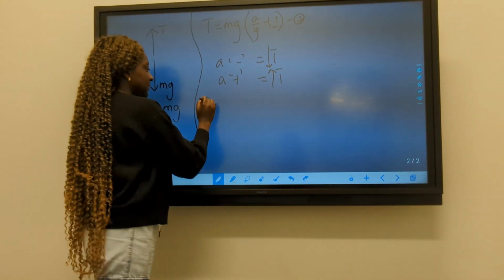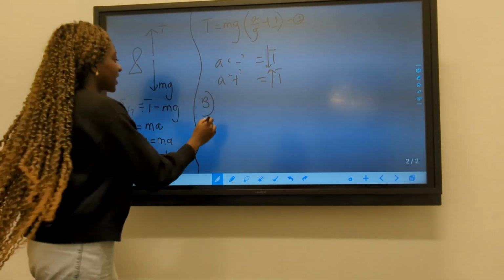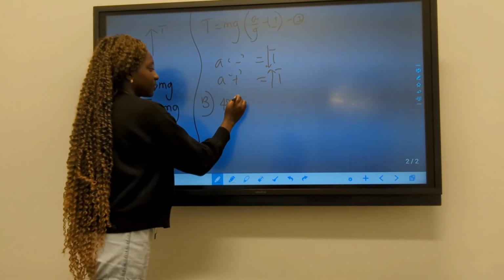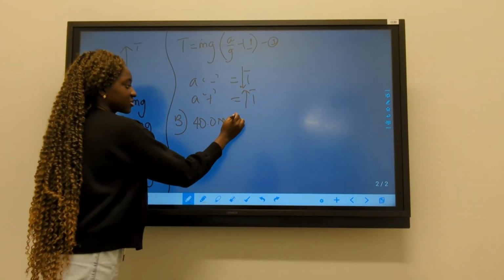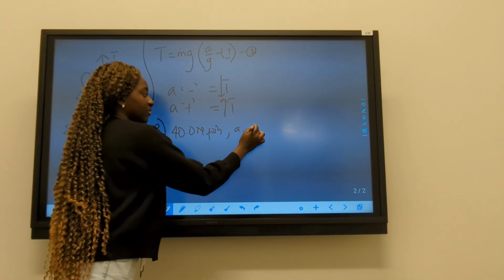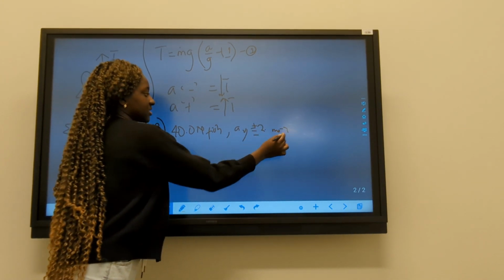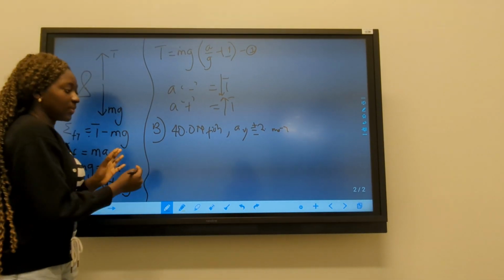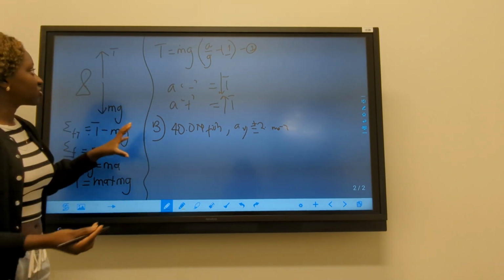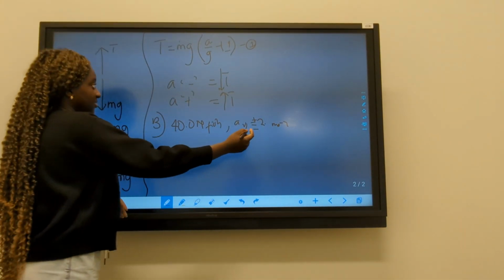So moving on to B. B says that if we have a 40.0 Newton fish and an acceleration of plus or minus 2 meters per second squared, what will be our tension? We just use the first equation that we got to solve this question.